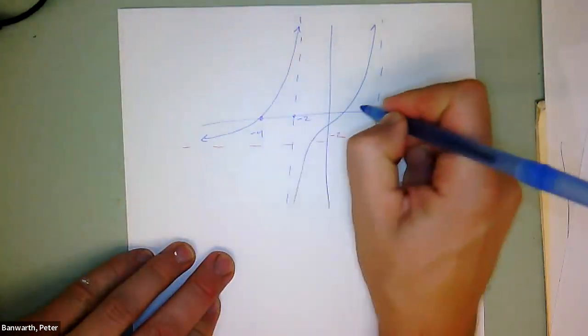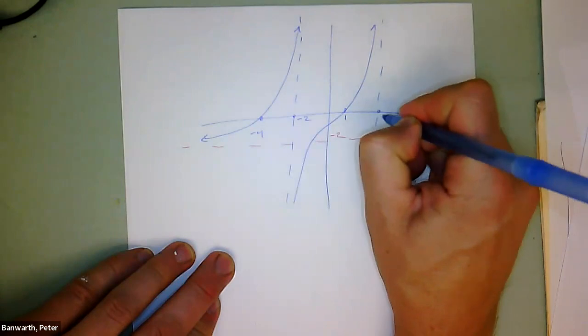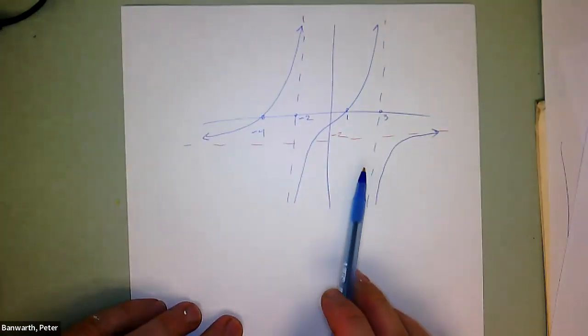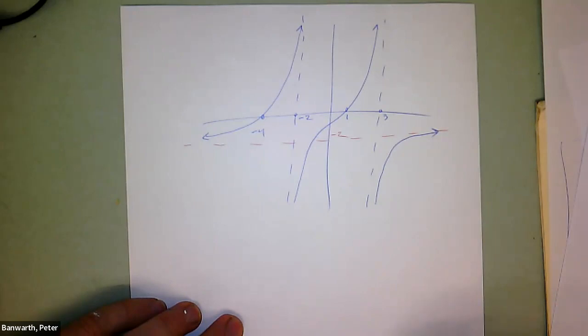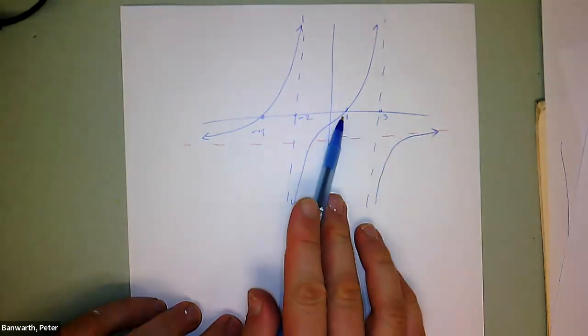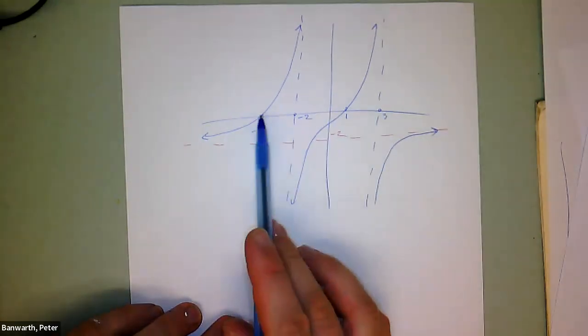Let's call that -2. Let's call that 1. Let's call that 3. Okay. And as I'm drawing this, I'm not sure that it's even possible to have this behavior. Yep, it's possible. I have 2 zeros.